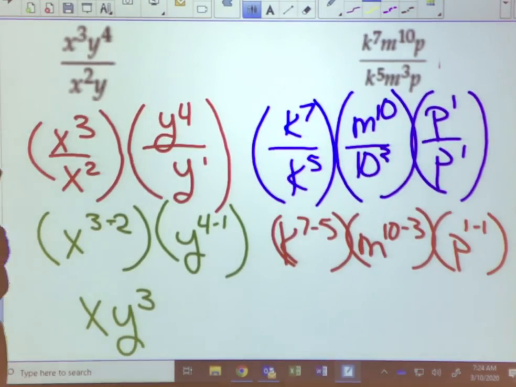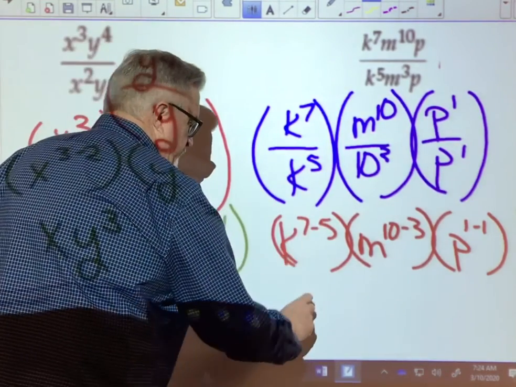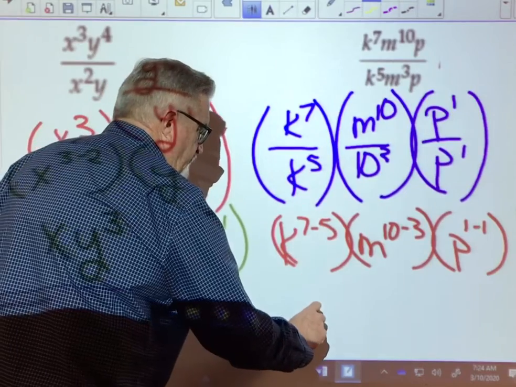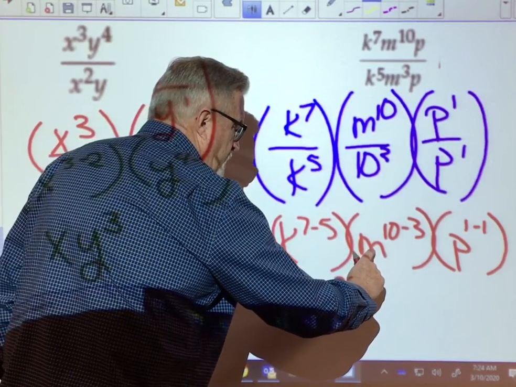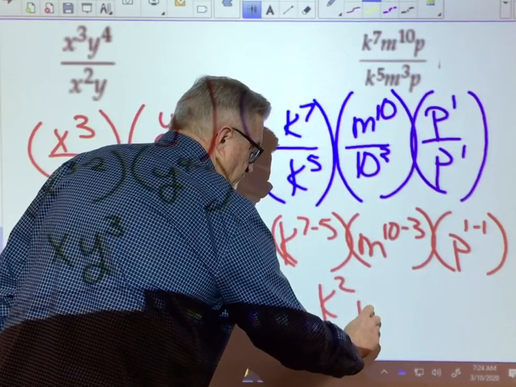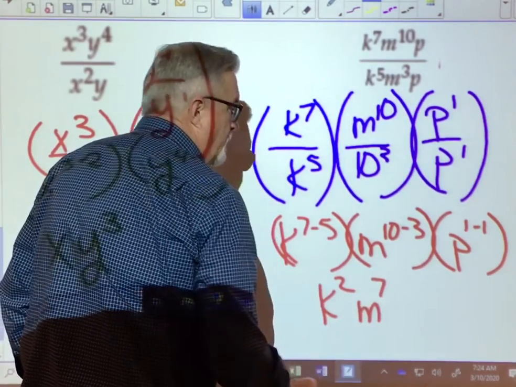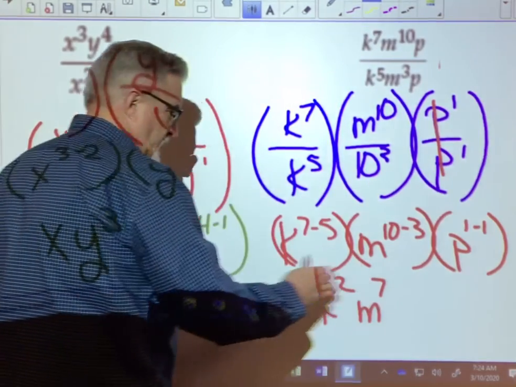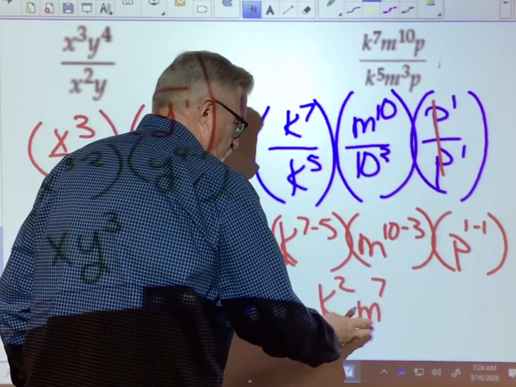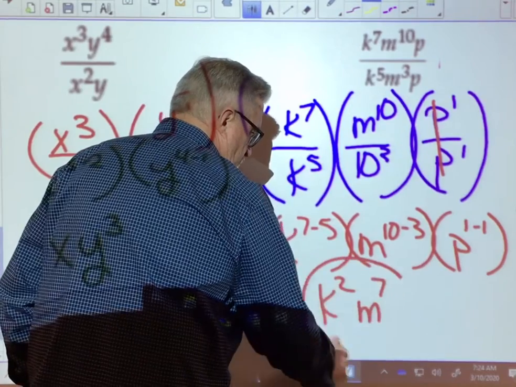So let's go ahead and work here. This would be k to the 7 minus 5, which is k to the second power. This would be m to the 10 minus 3, so that would be m to the 7th power. If we think about this, p divided by p is 1. If we multiply this all by 1, it doesn't change it, so our quotient is here.